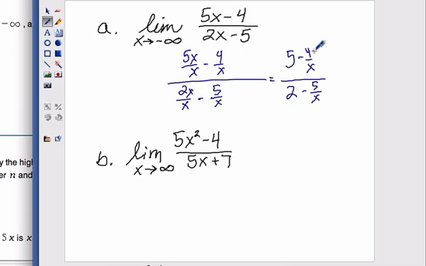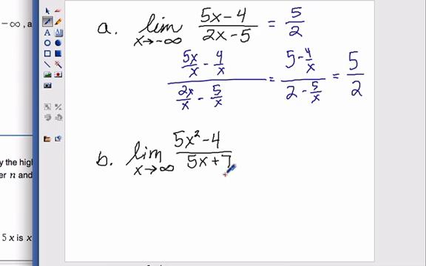Well, it doesn't matter whether it was positive or negative, 4 over x will get closer and closer to 0, right? So this will get closer and closer to 5. 5 minus 0 is 5. And same with the denominator: 2 minus a value that gets closer and closer to 0, so this will be 5 over 2. So the limit as x approaches negative infinity of this value is 5 over 2.